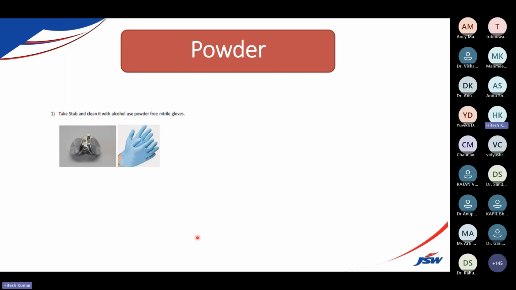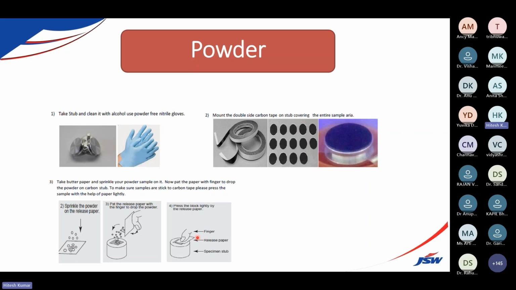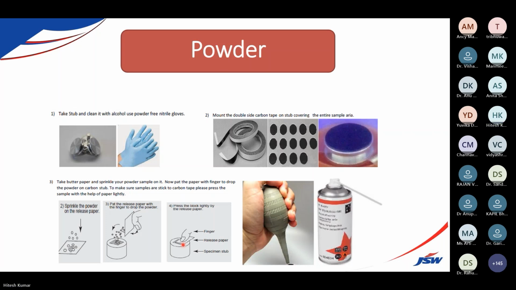You can use ethanol, methanol, isopropanol, and dry the solution in air or in a heating chamber, then put it on carbon tape or copper tape, and then coat the powder, and then you can see how the microstructure of your powder looks. First clean it with alcohol, use powder-free natural gloves, mount it, then take butter paper, put the sample on it, and then dry it.